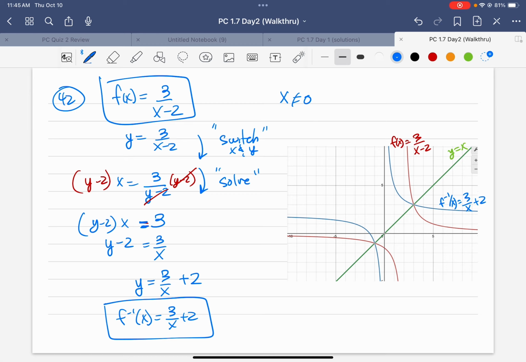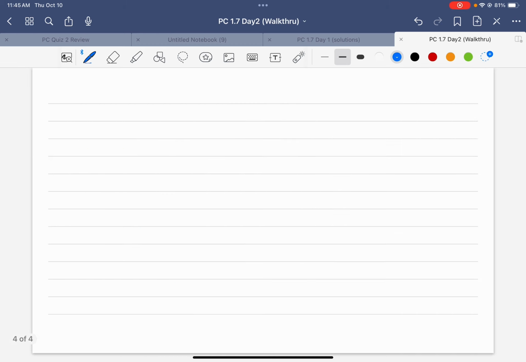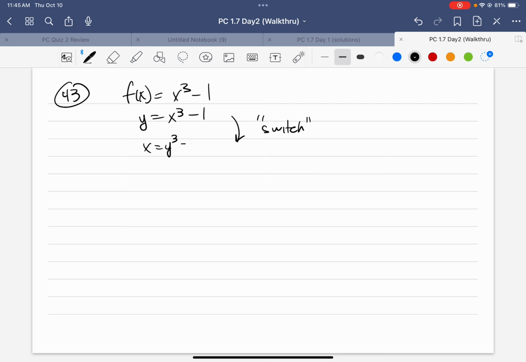Okay, so that's 42. We also wanted to do 43. So for 43, if f of x is equal to x cubed minus 1, that's the same as saying y is equal to x cubed minus 1. So first thing we're going to do is switch, and then I will solve.